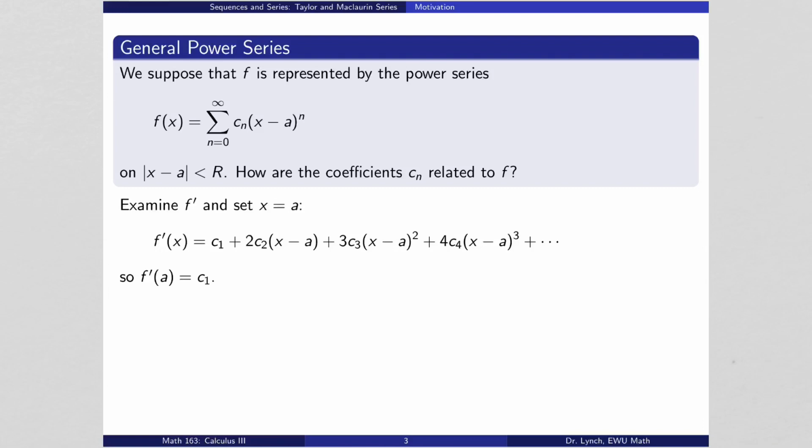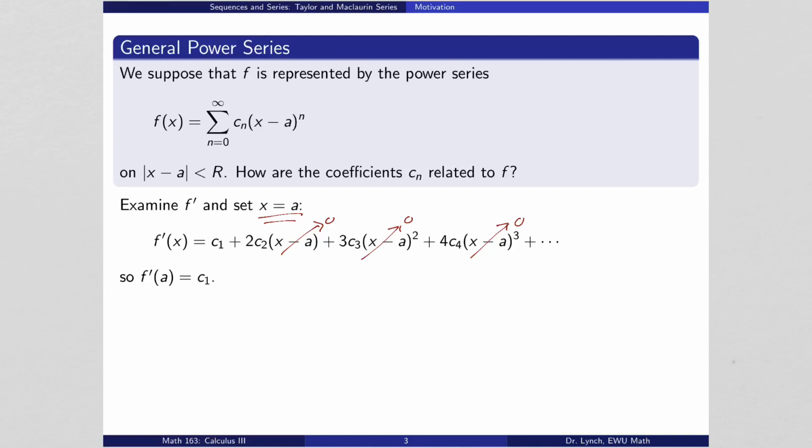If we plug in x equals a again, we get a bunch of stuff that again goes to 0, so that f prime of a has to be c1.